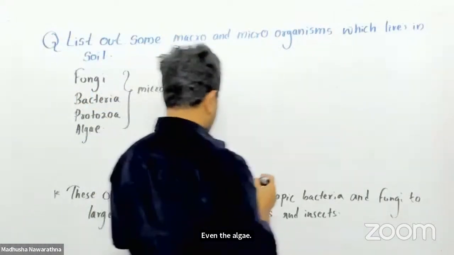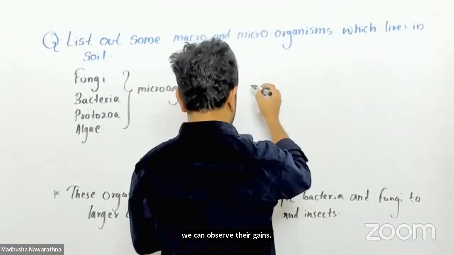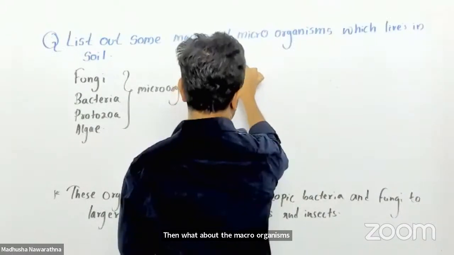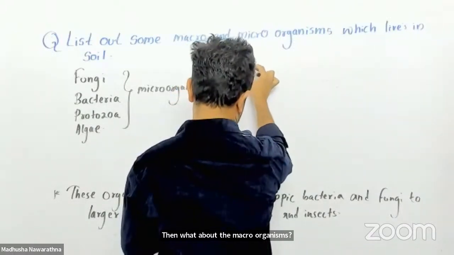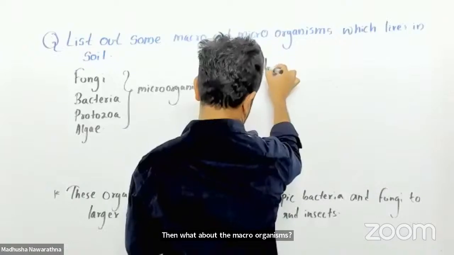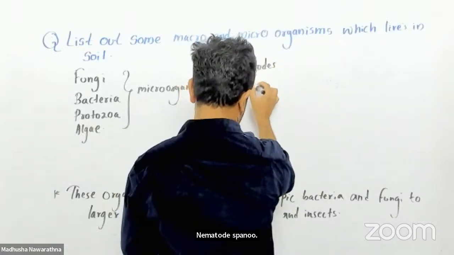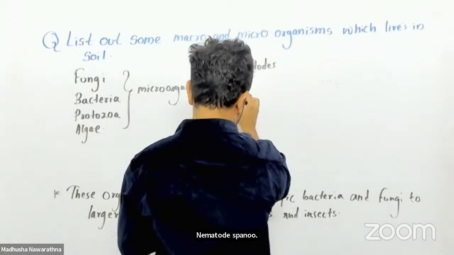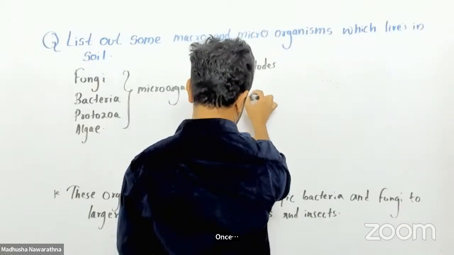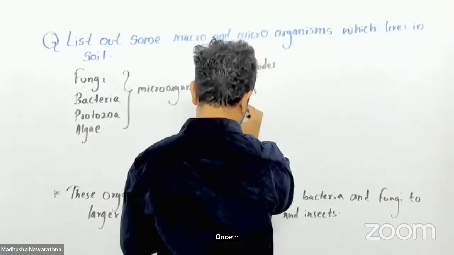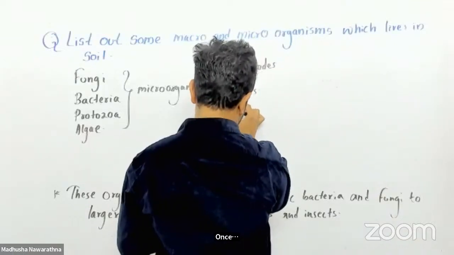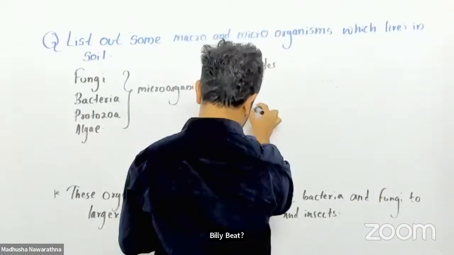Then what about the macroorganisms? Nematodes, worms. Mites. Bugs, very good. Spiders. Millipedes or centipedes.